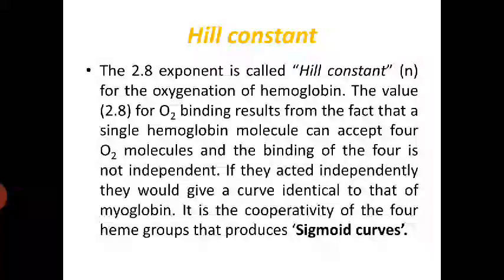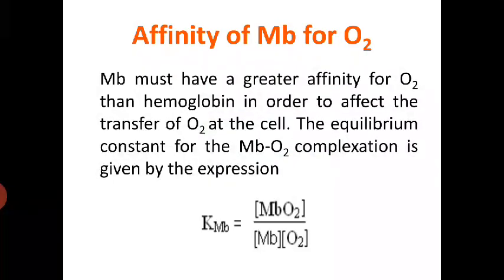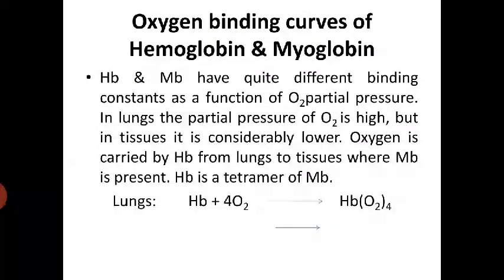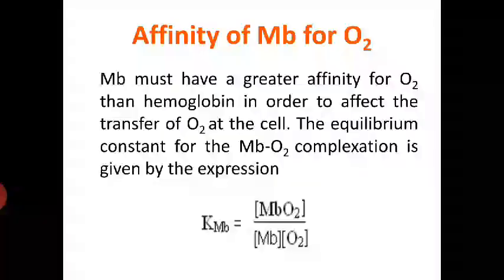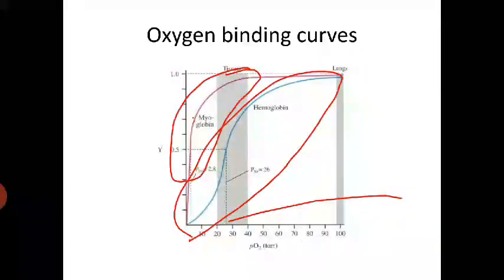So at low concentrations, hemoglobin is less oxygenated, as we have seen in sigmoid curves, and at higher concentrations, it is oxygenated almost to the same extent as myoglobin. So in these graphs, we can see here the two are equally saturated.